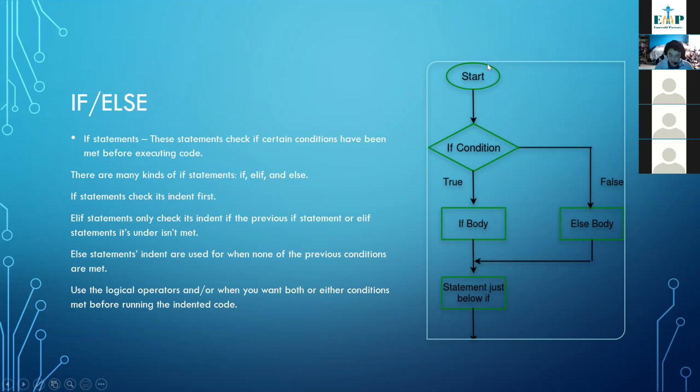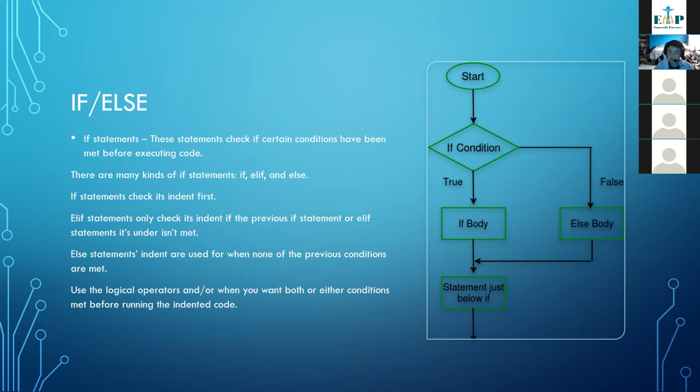You have a start code, and then when you enter the if body, you check the if condition. If the if condition is true, then you run the if body, or the indented lines of code, because you have to indent the body. I'll show you later, but you run the if body code, and you will skip the else body, and then go directly to the lines of code underneath.